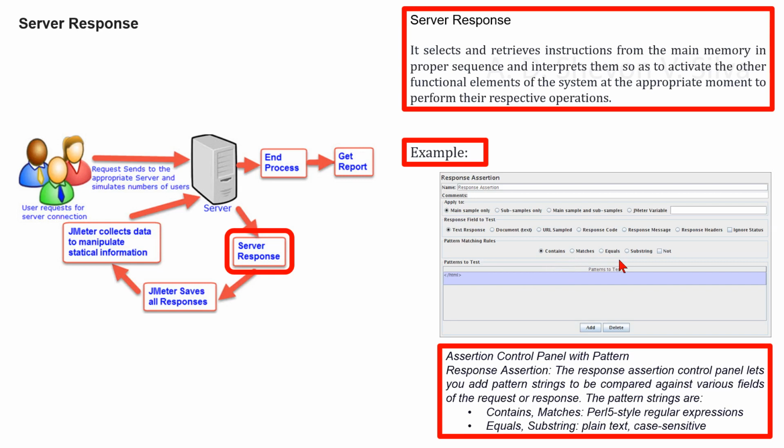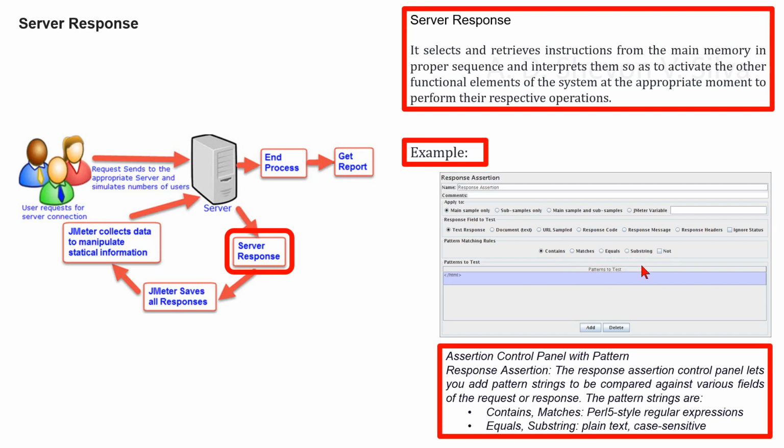Equals is true if the whole text equals the pattern string, case sensitive. Substring is true if the text contains the pattern string, case sensitive. Equals and substring patterns are plain strings, not regular expressions.